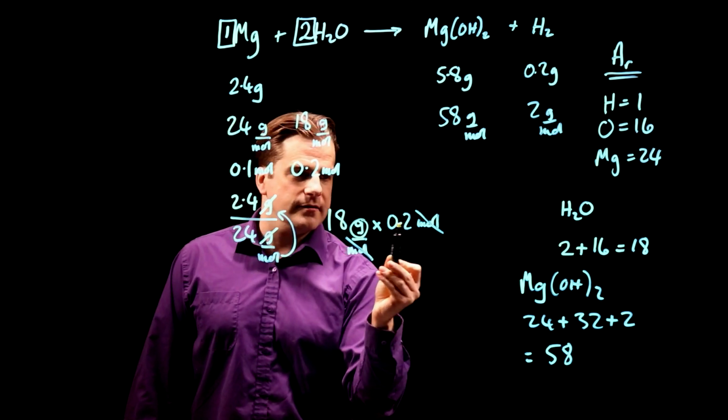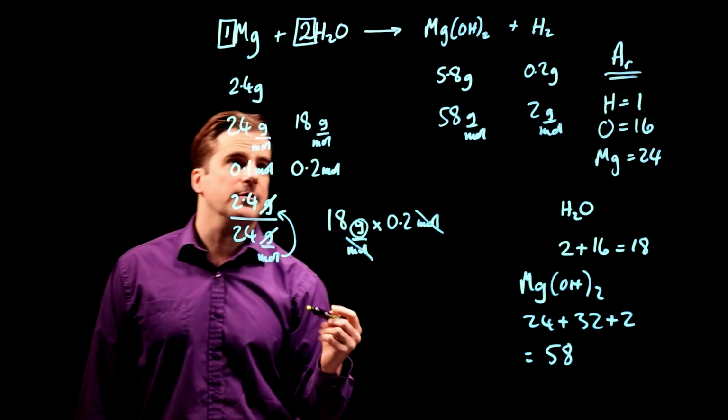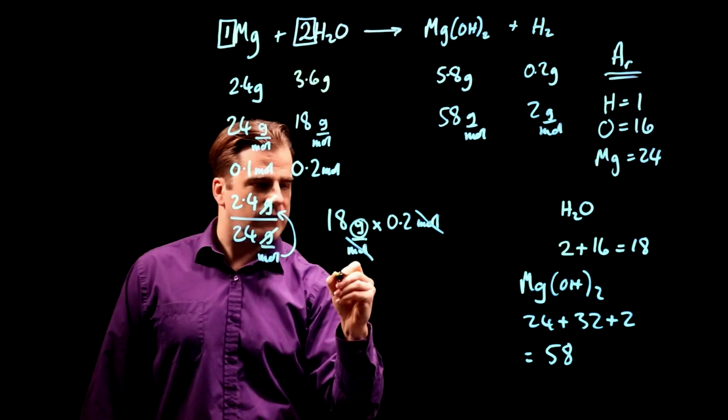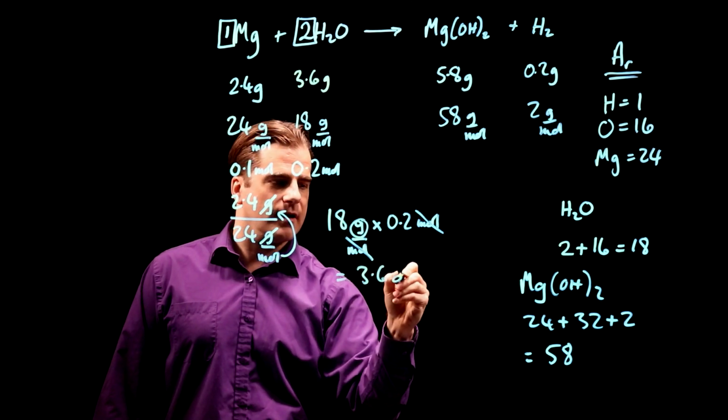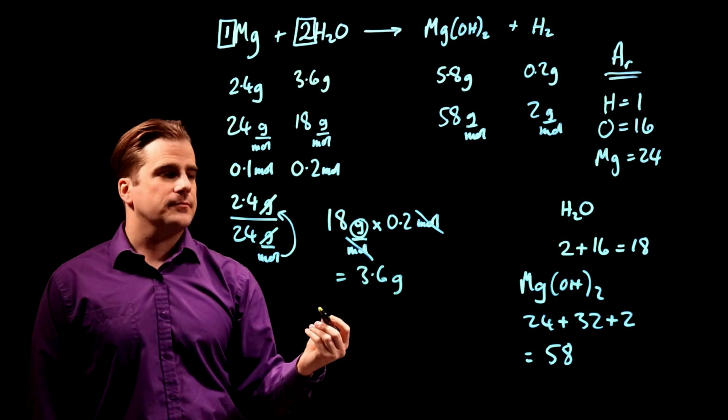So, 18 times 0.2, well, 2 18s is 36, so it must be 3.6 grams. So that equals 3.6 grams. Okay? So we've done it.